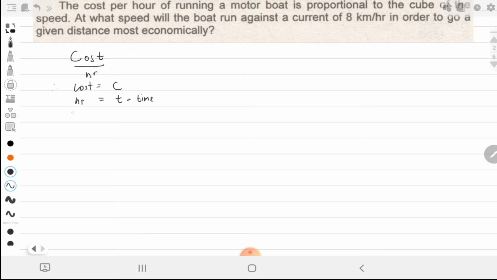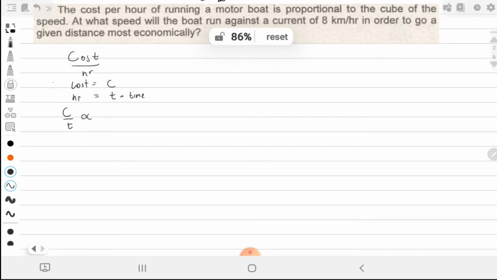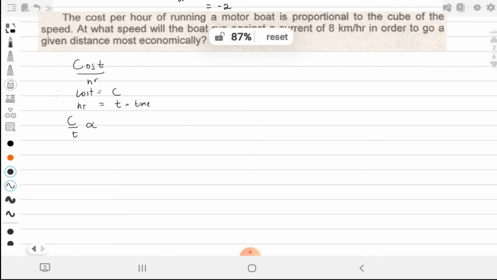So from here, I may say that I will have a value equal to C over T. It is proportional to the cube of the speed, so S cube, wherein S is equal to speed.